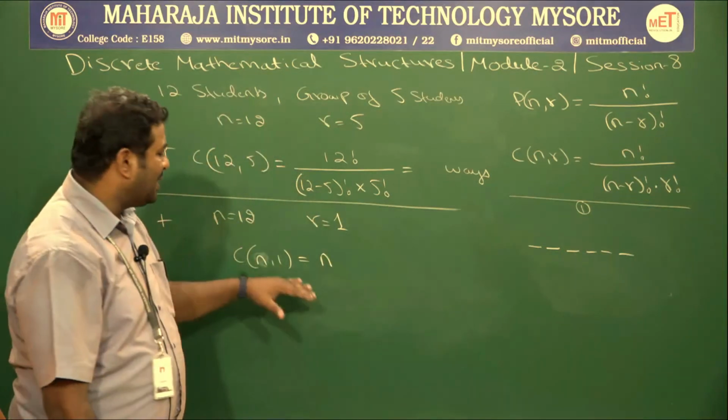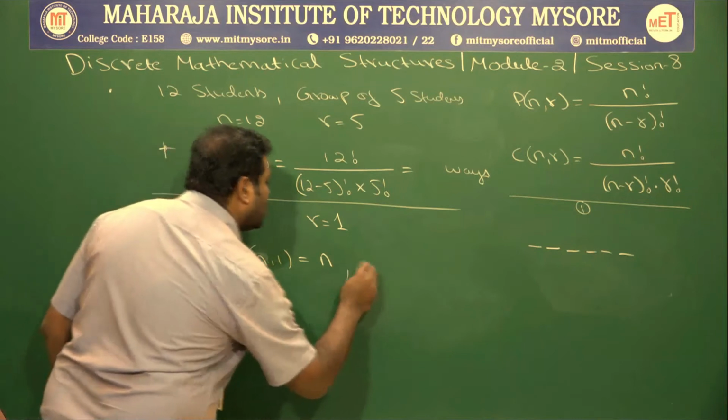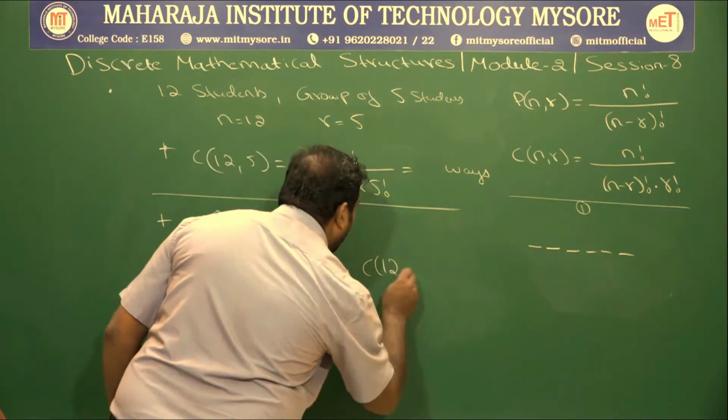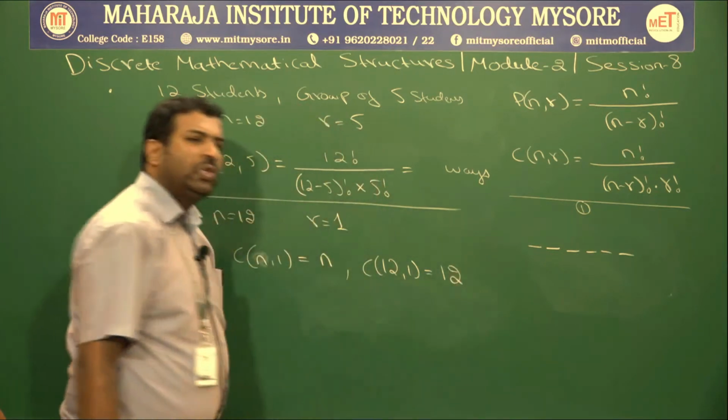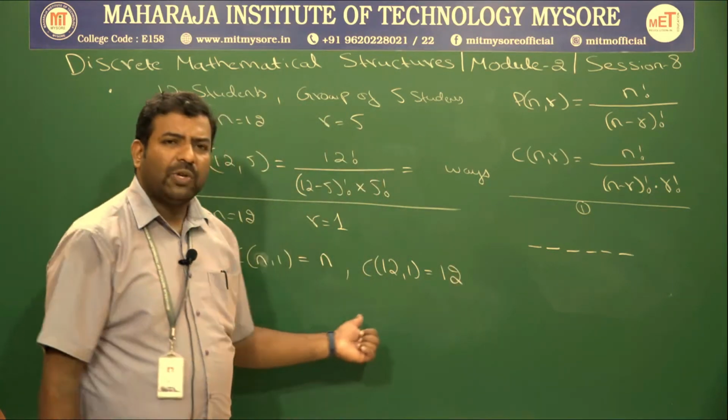Hence C of 12 comma 1 is going to be 12. I am going to have 12 ways.